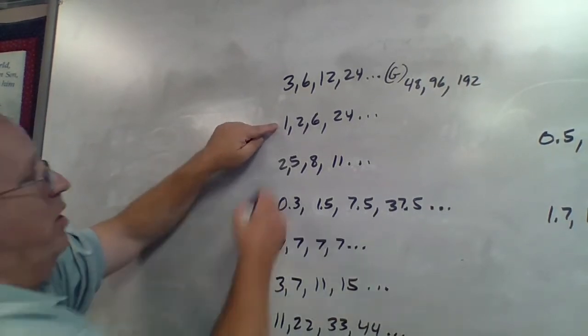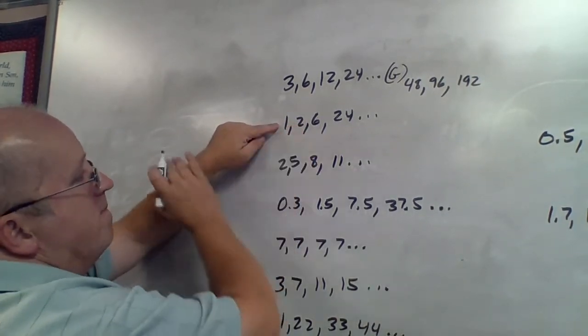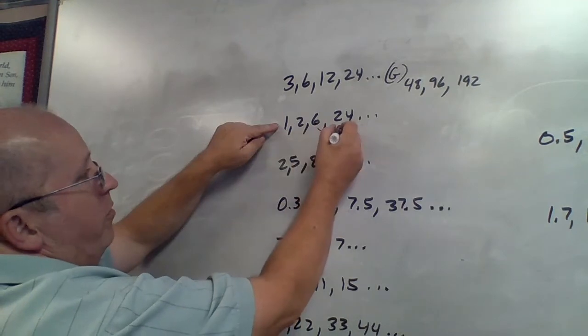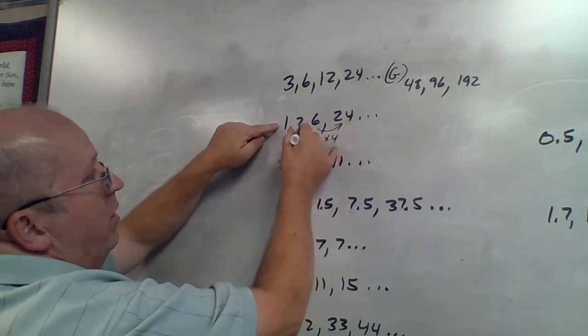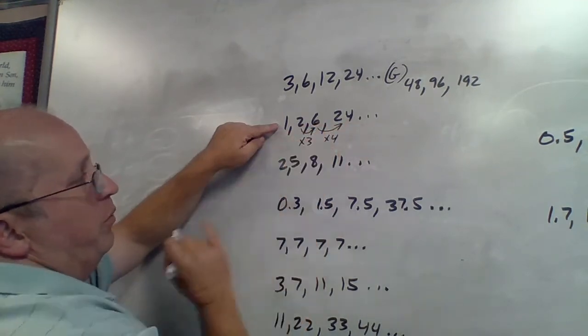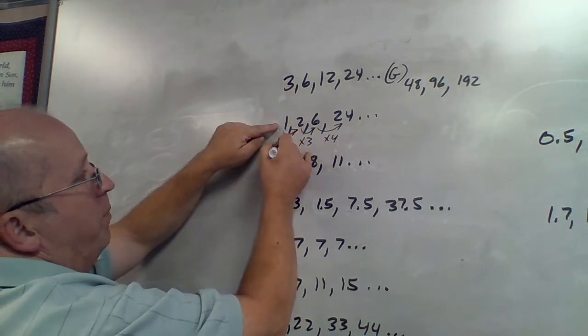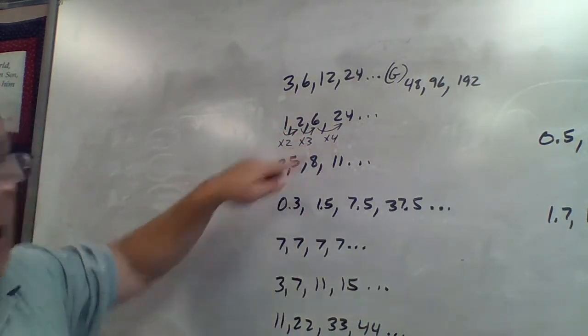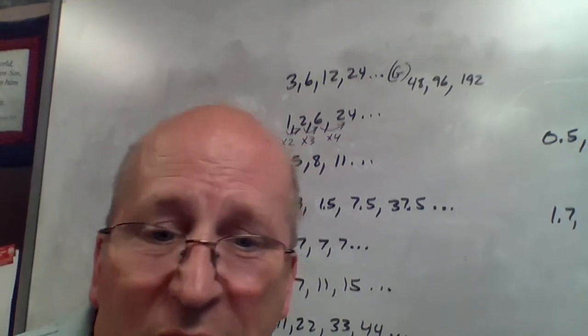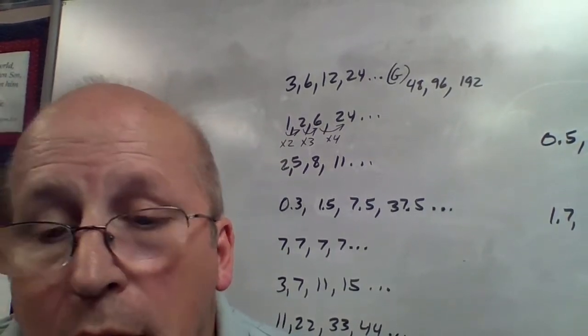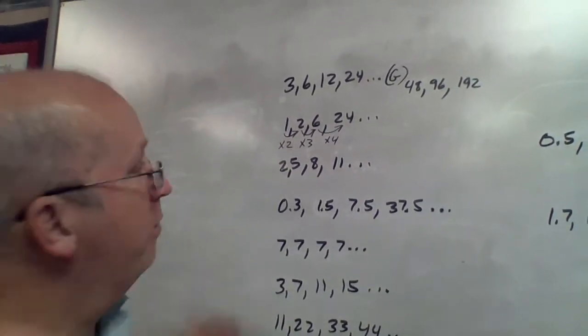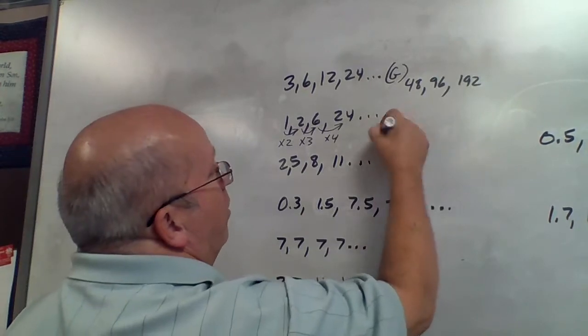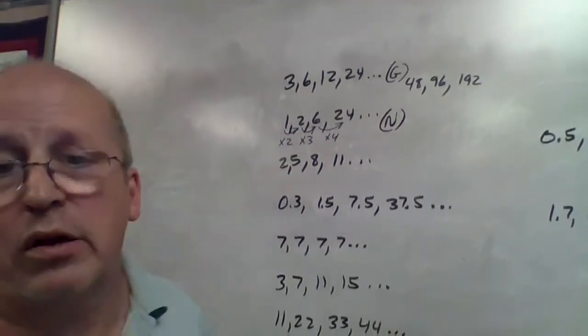This one's interesting. This is multiplying by 4, isn't it? And right here, that's multiplying by 3. And this one is multiplying by 2. Do you notice how they're not multiplying by the same number each time? This is a neither pattern because it doesn't follow the pattern of arithmetic or geometric.